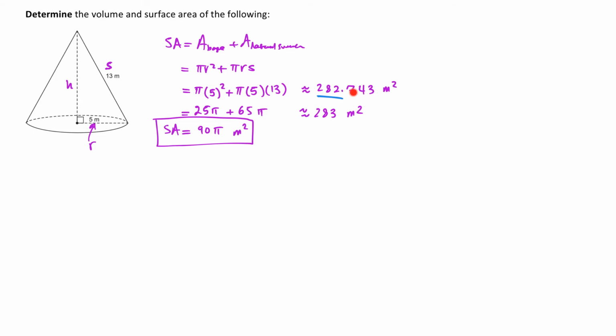If I had left this as just 282, it would be completely wrong rounding, because 282.7 is closer to 283 compared to 282. So we do want to make sure that we write our answer in proper number of significant figures, and that depends on your teacher. I ask my students for 3 significant figures, or sig figs. I am going to box this answer.